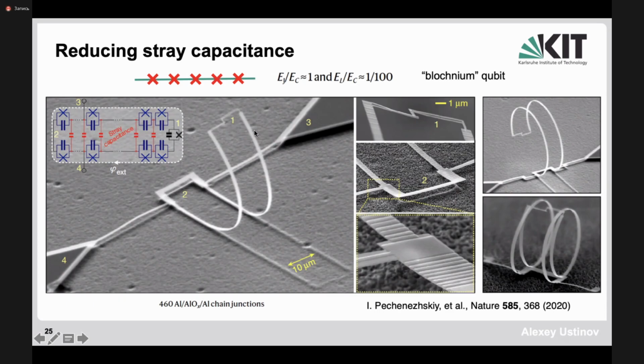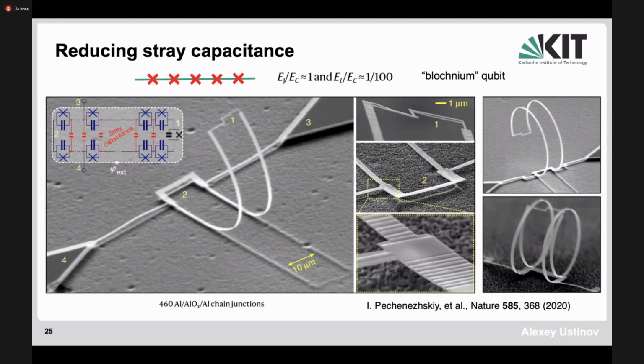In this case, the stray capacitance of the electrodes between each Josephson junction is minimized. Now, in this line, there are many Josephson junctions in series, and between each pair of Josephson junctions there is a superconducting electrode. So obviously, in this case, the stray capacitance was minimized, and therefore the modes were really pushed very high up.